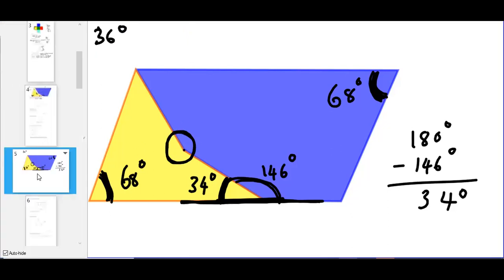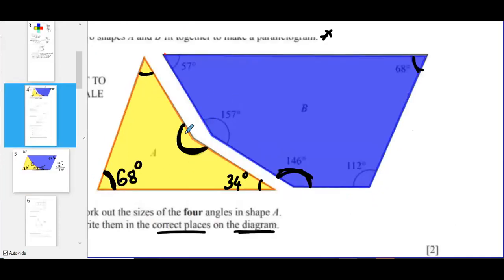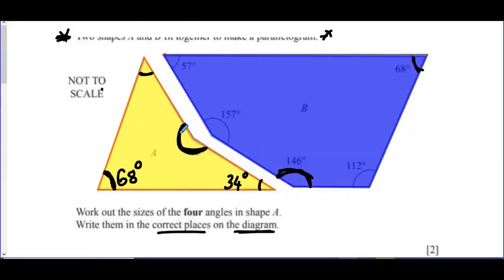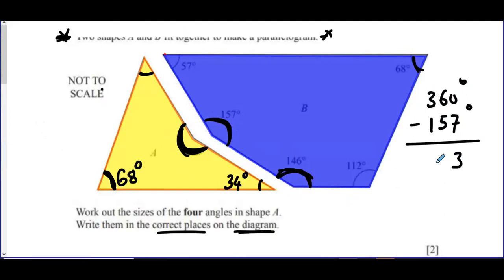So that means, to get this angle here, since this angle is 157, I'm going to take 360 degrees minus 157 degrees. When you subtract that, you will get 203. So go ahead and write on the worksheet that this angle is 203. See that?